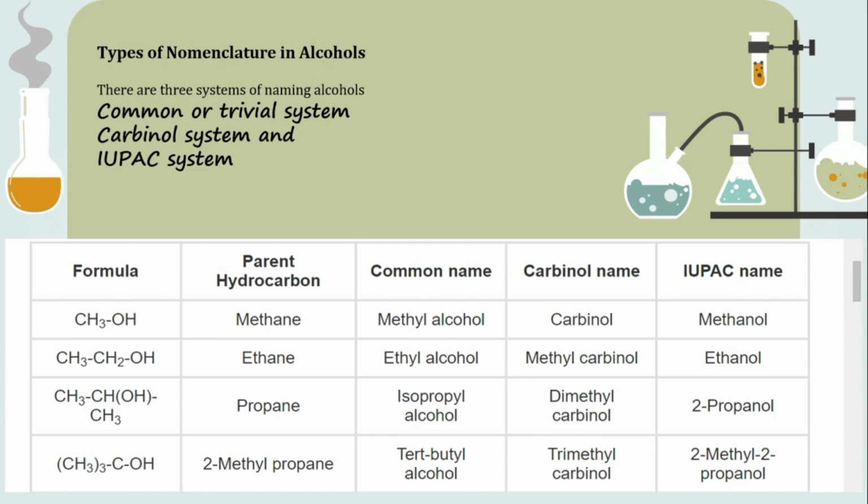Next we have ethane. The common name for ethane is ethyl alcohol. Its carbinol name is methyl carbinol, and its IUPAC name is ethanol. This is the formula of ethane: CH3 bonded to CH2 and bonded to the hydroxyl group.